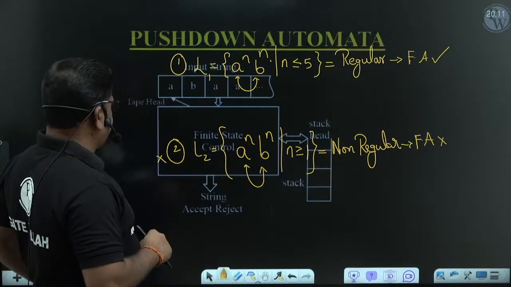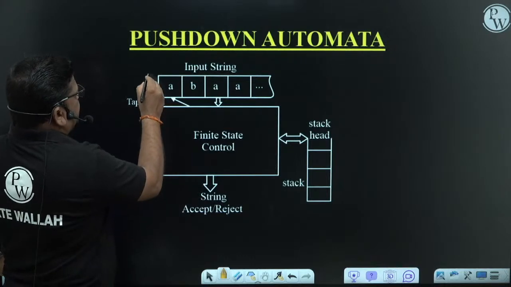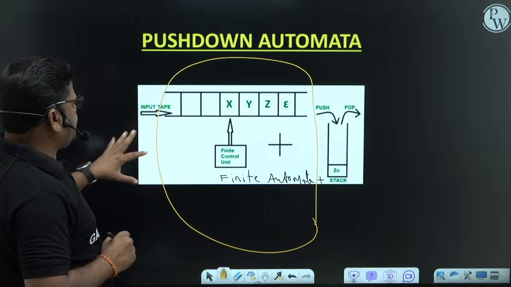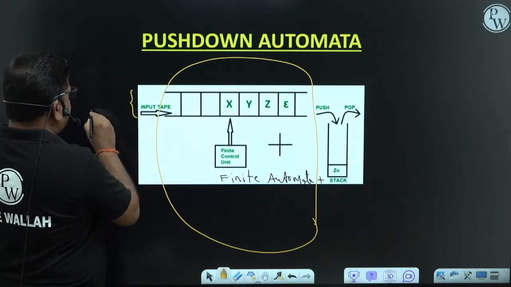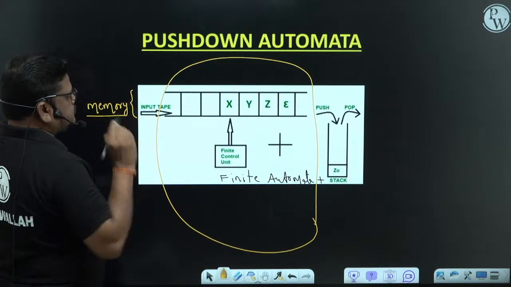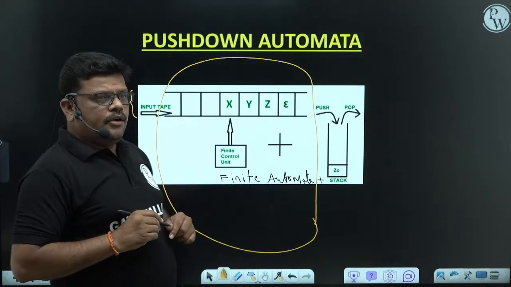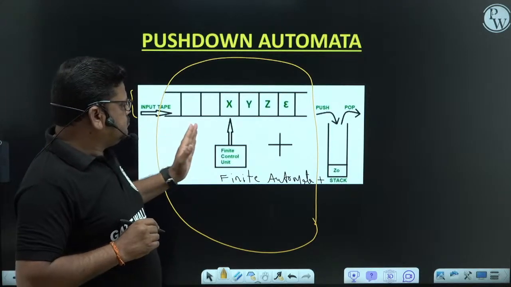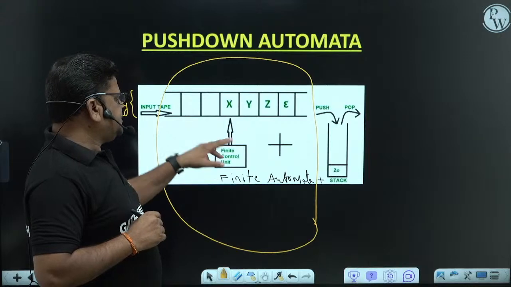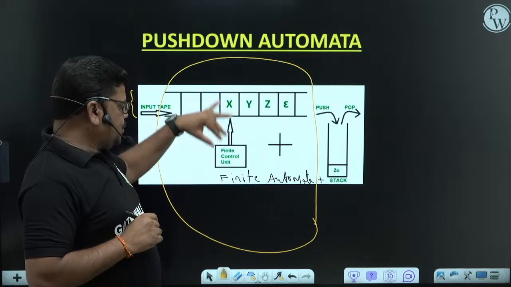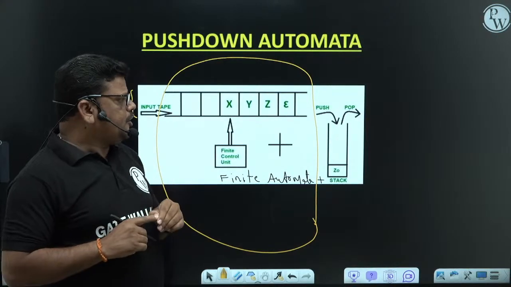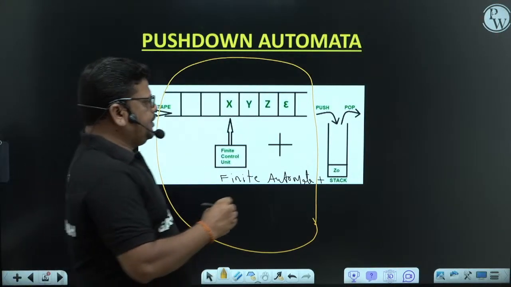Let me show this in a diagram. In this automata we have an input tape. This input tape is nothing but our memory. Whenever this comparison is going on, we have states and the input tape, and together they have to handle this memory concept. In finite automata we have only this structure; we don't have a stack.